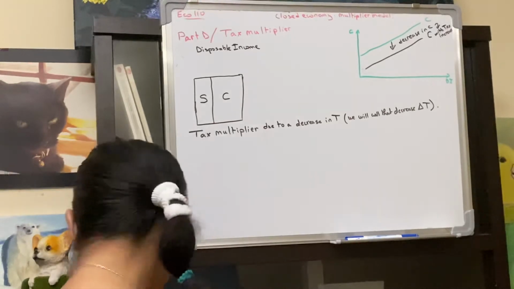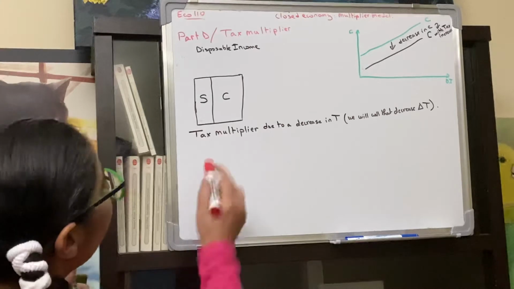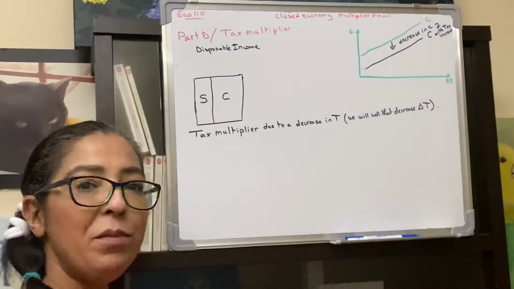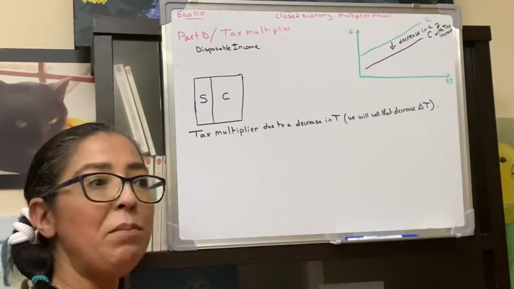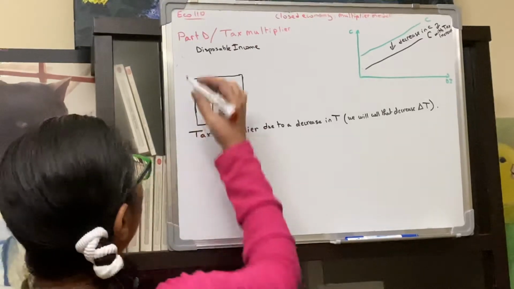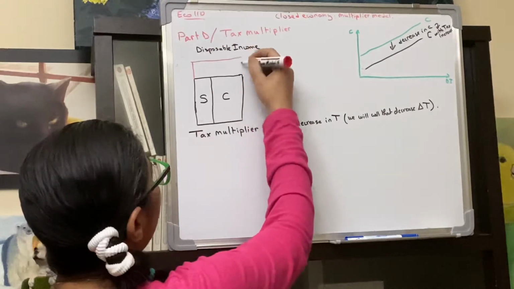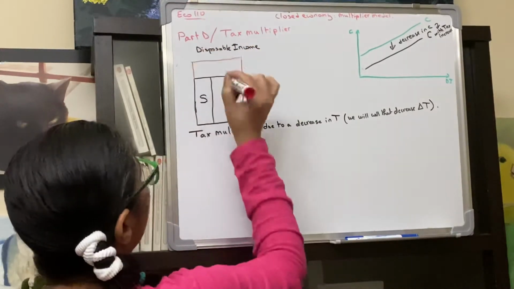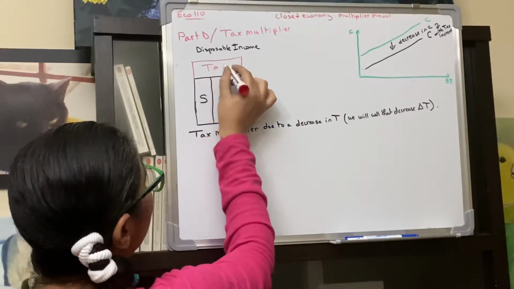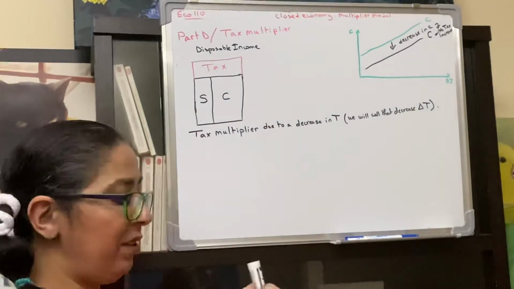So let's see, follow with me. I had this disposable income here. And then the government decreased the taxes. That means that my disposable income now is increasing by the amount of the decrease in tax. It's not the tax, it's actually the contrary of the tax.